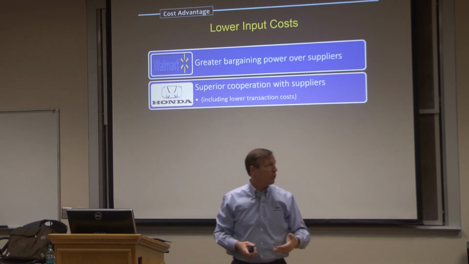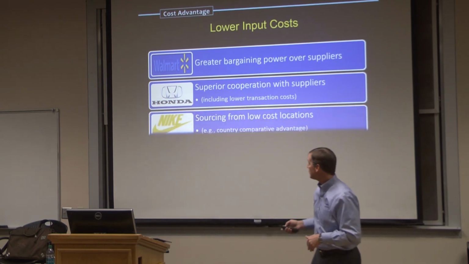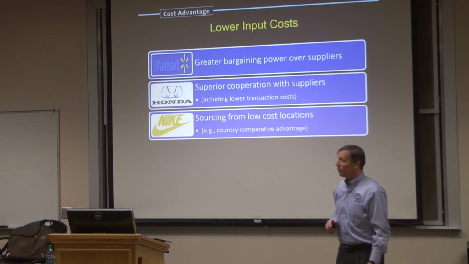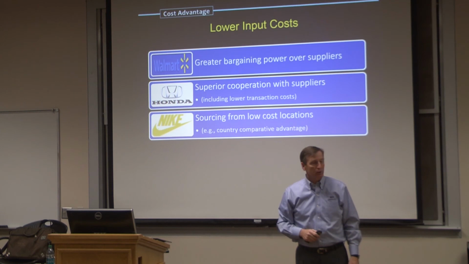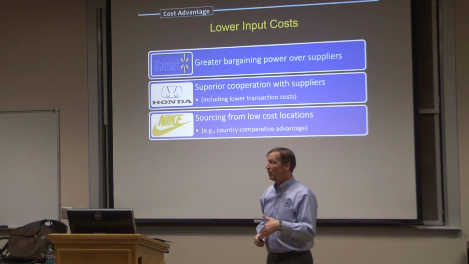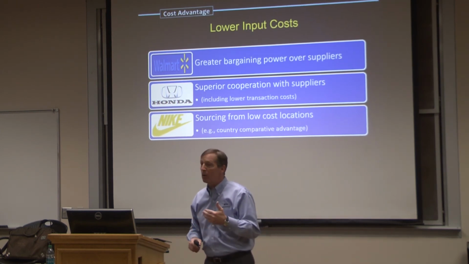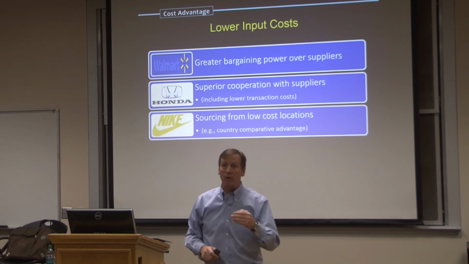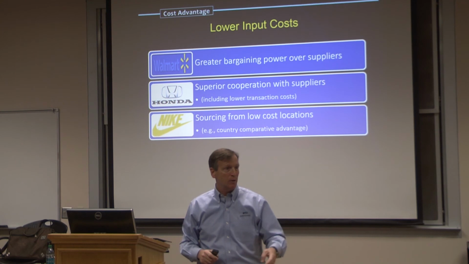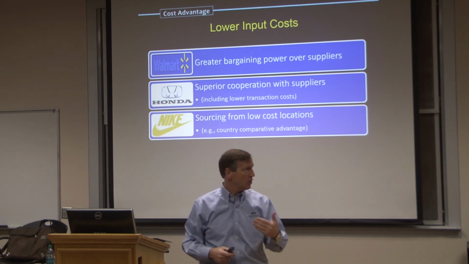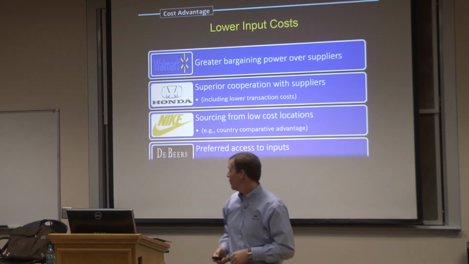That's one way that you lower costs through better cooperation. And then you could be just sourcing from low-cost locations. We'll do a Nike case in not too long where we'll look at how their sourcing strategy has been an important part of their success by being the first to really aggressively source their shoes in Asia and trying to get the lowest cost labor possible.